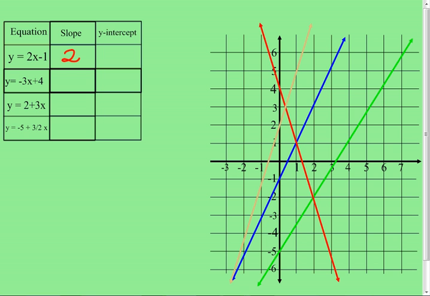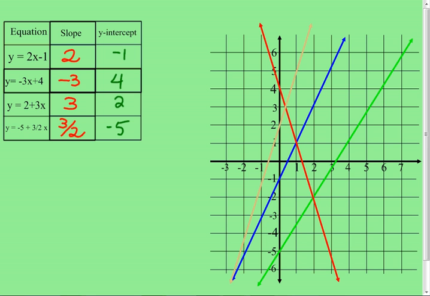Let's just do all the slopes, because it's easier. Careful, it's not in the right order. 3, 3 halves, and 3 halves. 3 halves, except -1 for -1, 4, 2.